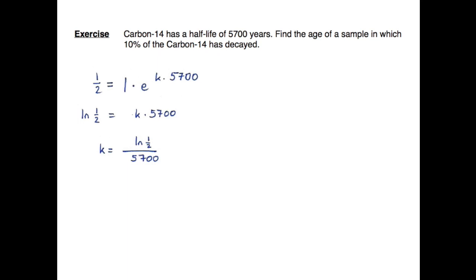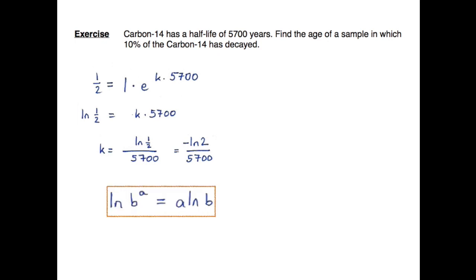I'll just use a property of logs here. What did I do? I used this property, ln of b to the power of a equals a times ln of b. And in this particular case, I actually had a equals -1. So b to the power of -1 is 1 over b. And so I can bring the -1 in front.